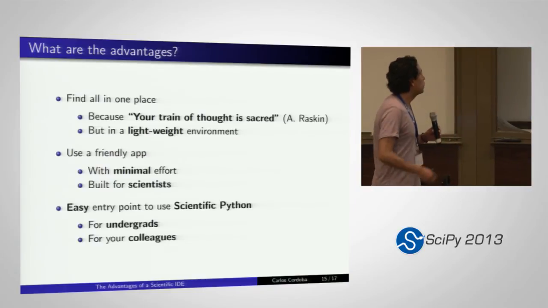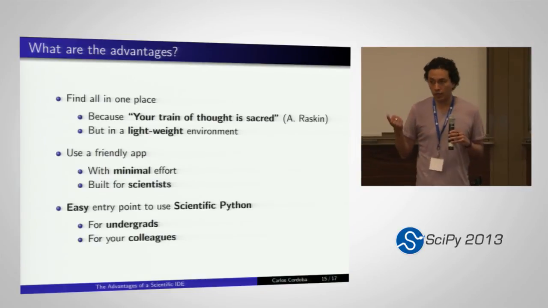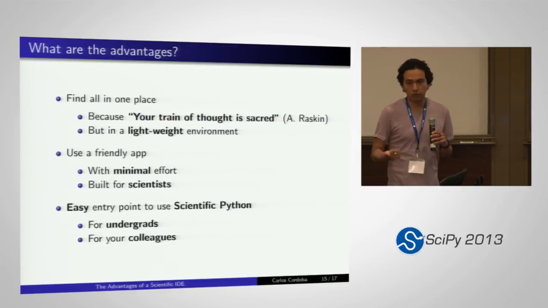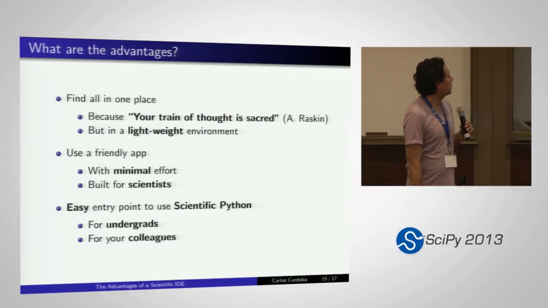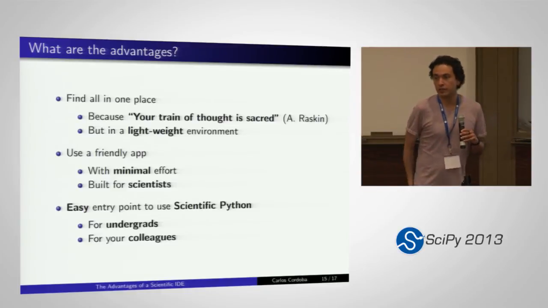And finally, to have an easy entry point to use Scientific Python, especially for undergrads. I think right now, Scientific Python is mostly for graduate students or researchers, but it could be extended with things like Spyder to teach Python also to undergrads and for your colleagues.